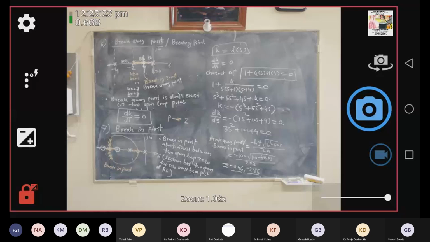It will be given by 180 plus the angle of G(s)H(s), or 180 plus phi, where this phi will be given by summation of phi p minus summation of phi z. So this is the formula for the angle of arrival, used when there is a presence of a complex zero in your transfer function.